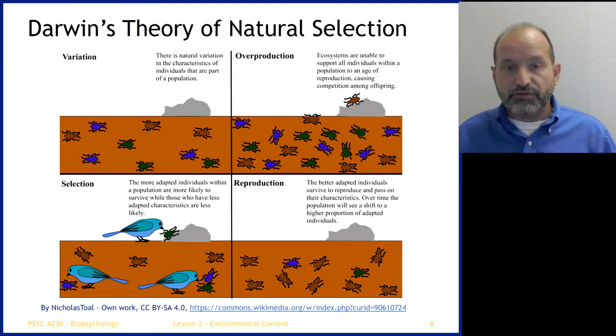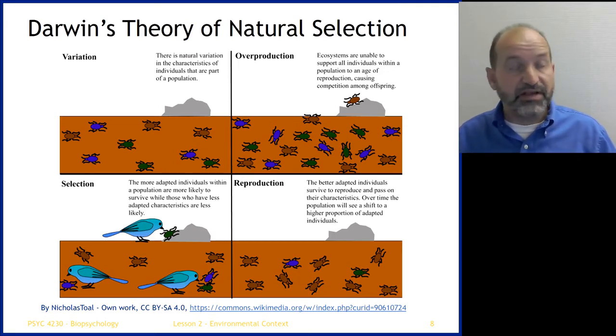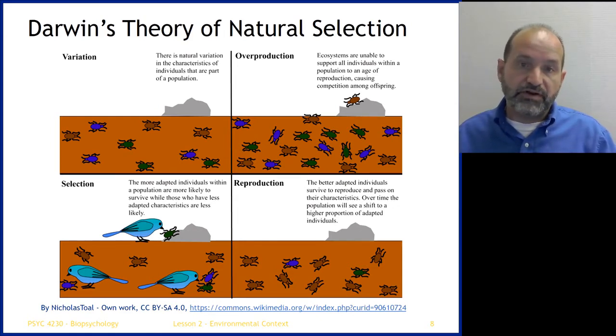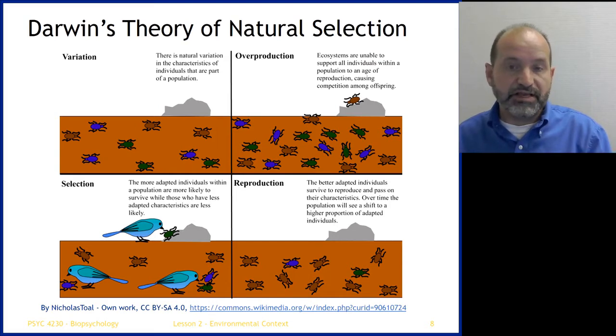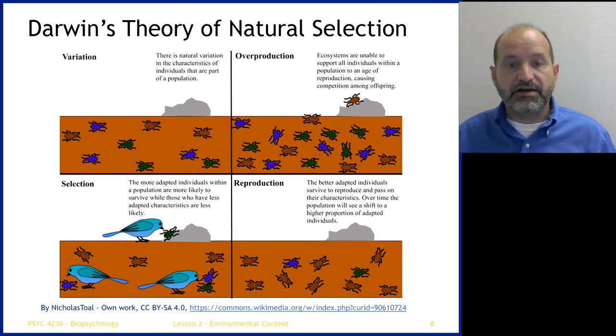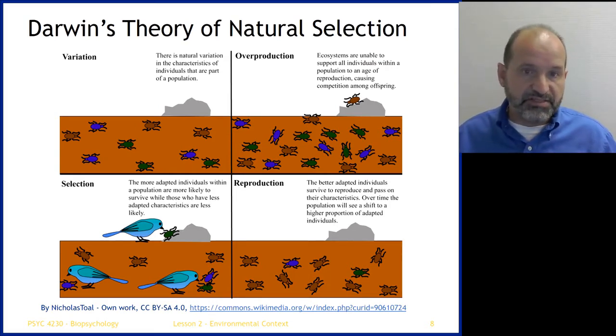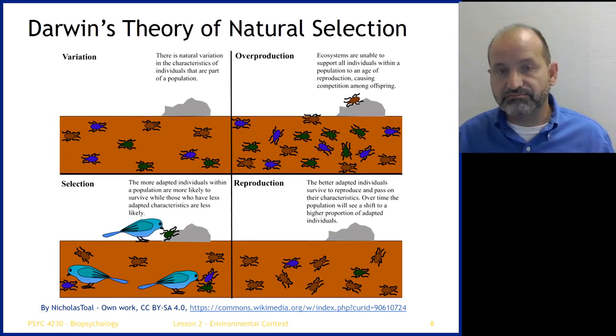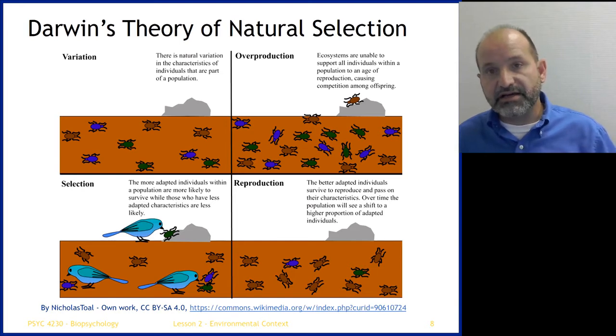That is, if you look at a population of individuals within a given species, there's natural variation in some characteristics. So in the finches that Darwin was famous for studying, there were variations in the shapes or lengths of the beaks. In this hypothetical example here, there are variations in the color of these bugs.